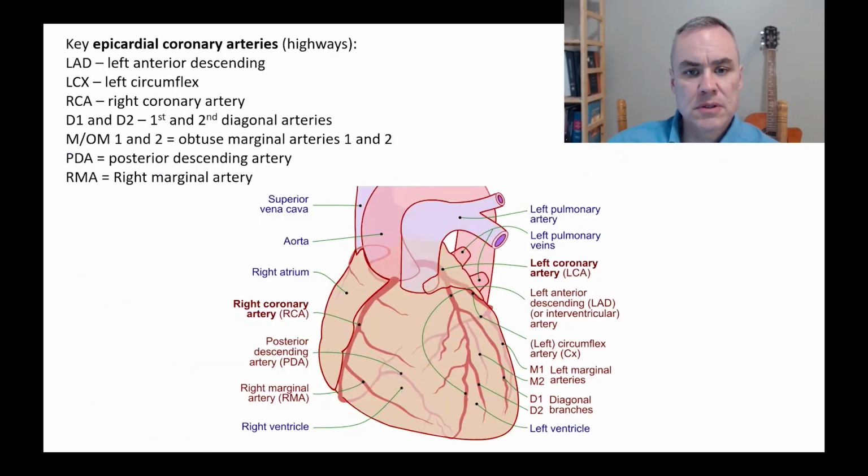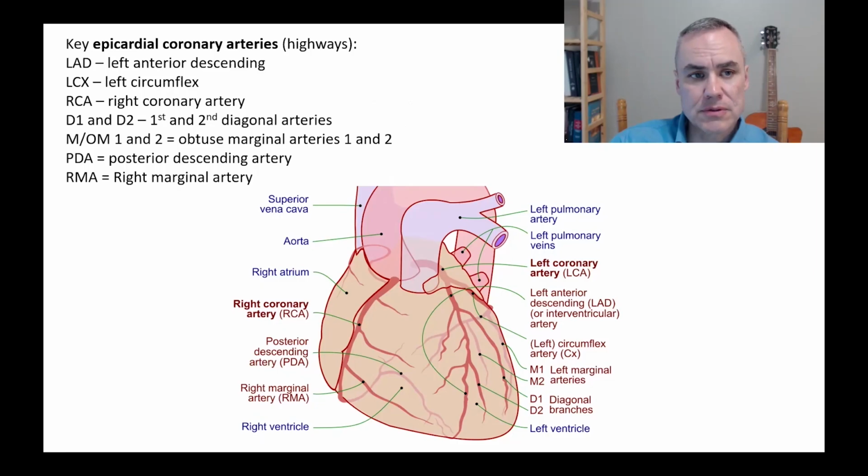So let's take a look at this list on the left of all the major epicardial coronary arteries. You've got the LAD, the left anterior descending, and I'm going to go through this in a second and show where they are. The LCX, the left circumflex, the right coronary artery, which is the biggest one for most people.